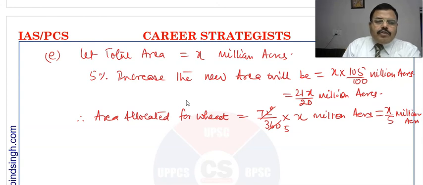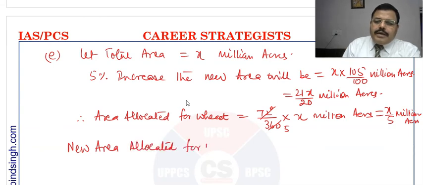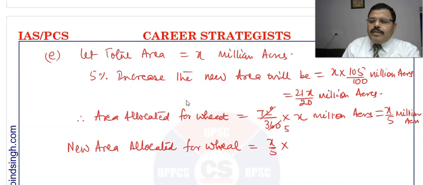Now since it goes up by 12%, the new area allocated for wheat is x by 5 into 112 by 100, that is 28 upon 25. So this is 28x upon 125. This is the new area.